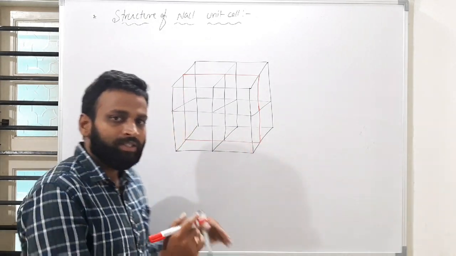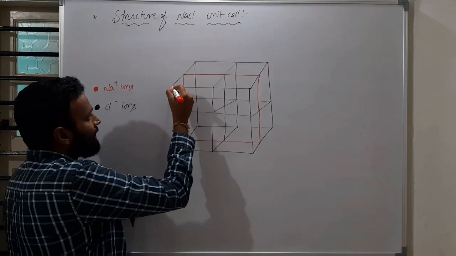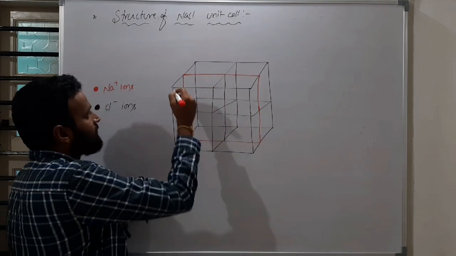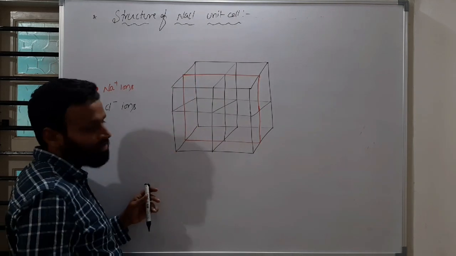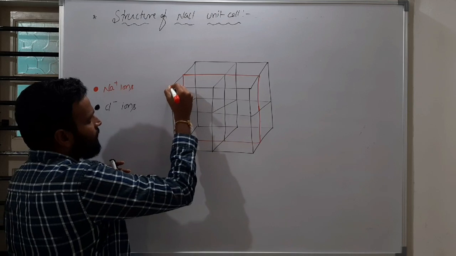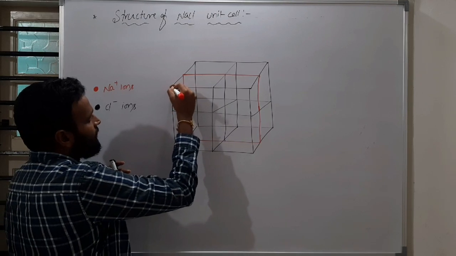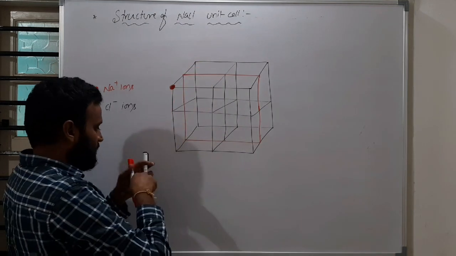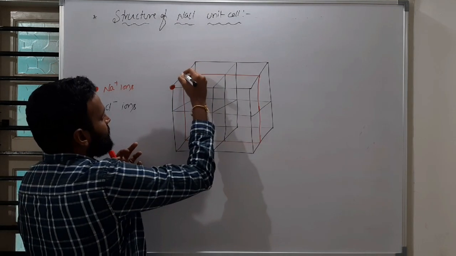If I start Na+ here, I will have Cl- here. If I start Cl- here, I will have Na+ here. That's not a problem. So I'll start with Na+. Na+ ions are present at the corner like this.